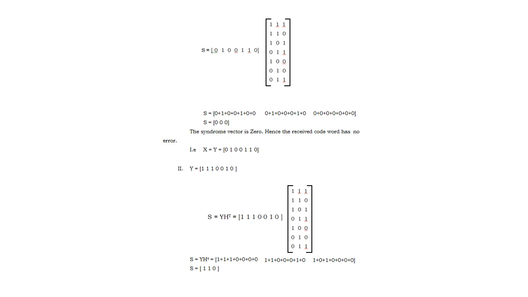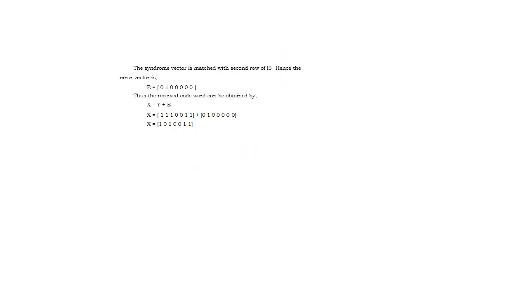So that is X equal to Y, we will get 0 1 1 0 0 1 1 0. So that is Y, we get like this. So we have to write YH transpose and find the S value, that is the syndrome value, and adding the values we will get S is equal to 1 1 0. Likewise we have to find it for everything.